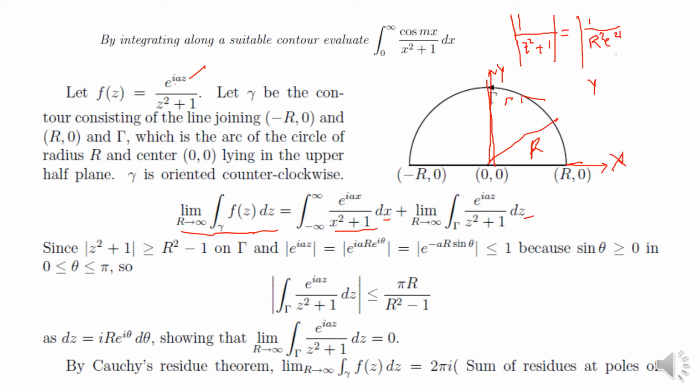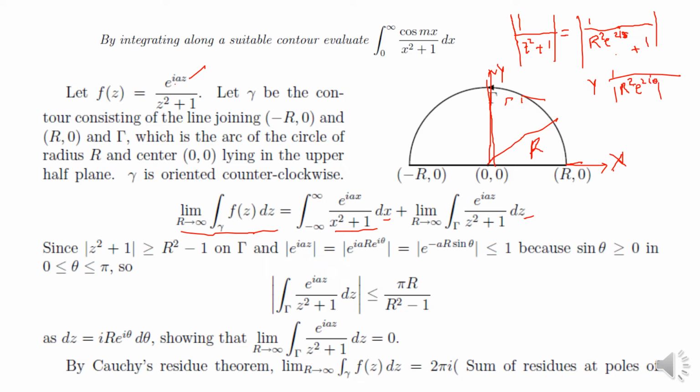This is equal to 1 upon mod of R squared e to the power 2i theta plus 1, and the mod of this will be less than or equal to 1 upon mod R squared.